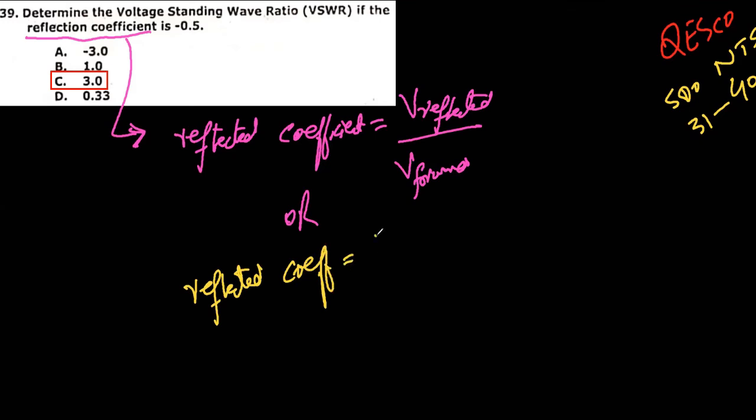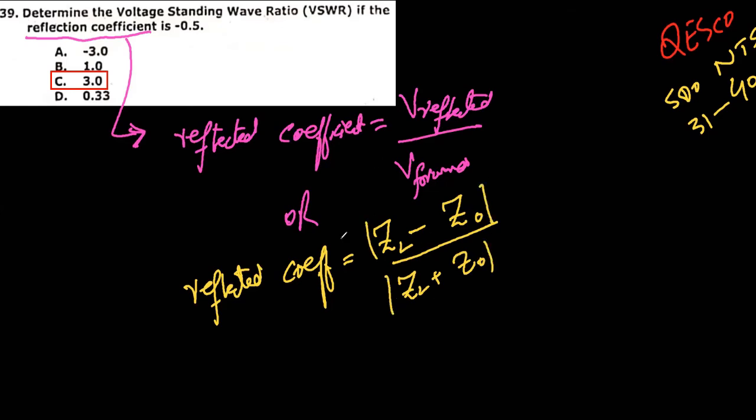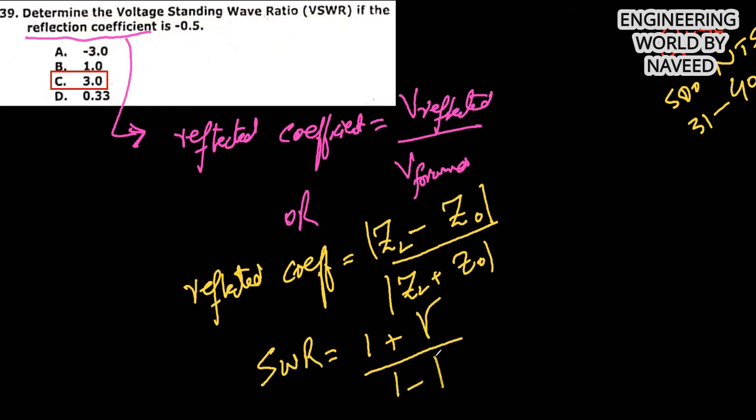Or you can define the reflection coefficient as load impedance minus reference impedance, divided by load impedance plus reference impedance. There is also another relation, that is the standing wave ratio with the reflection coefficient, and the standing wave ratio is equal to 1 plus reflection coefficient divided by 1 minus reflection coefficient.